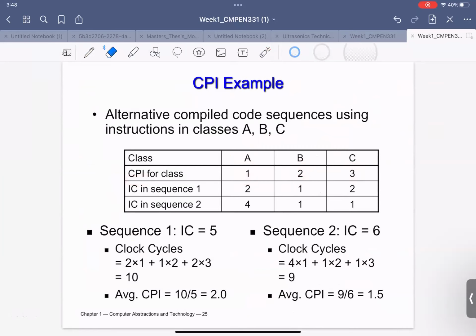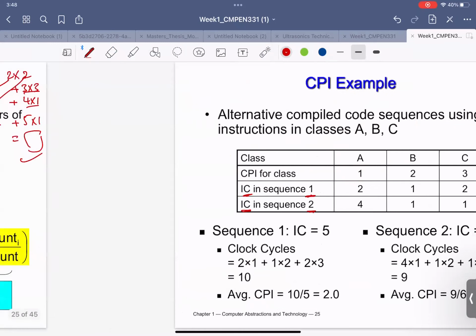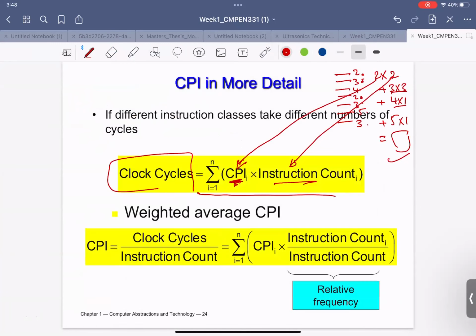They're also giving me an instruction count for one sequence, and the instruction count of another sequence. And we would like to calculate the same thing. I would like to calculate basically the CPI on average. How do I calculate the CPI on average? First, calculate the clock cycles and then divide by the total number of instructions. How to calculate the clock cycles?